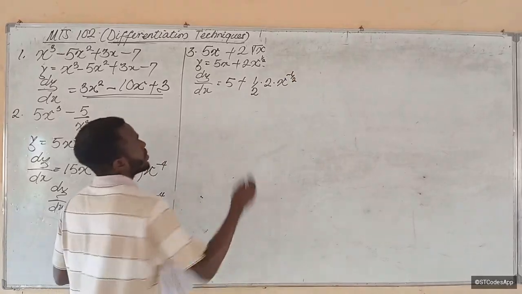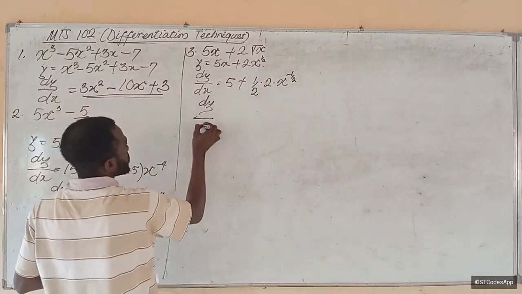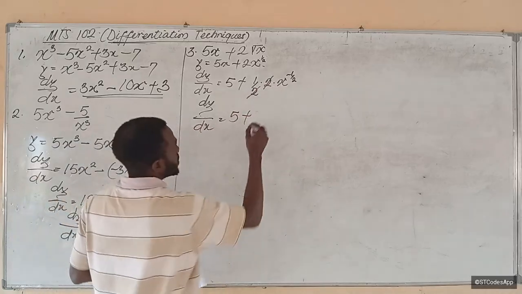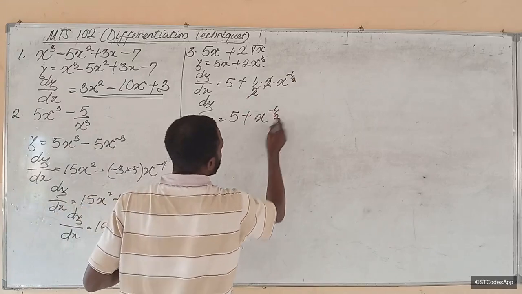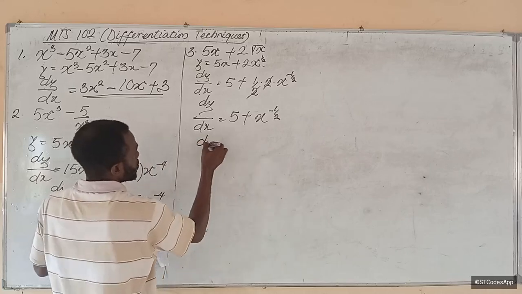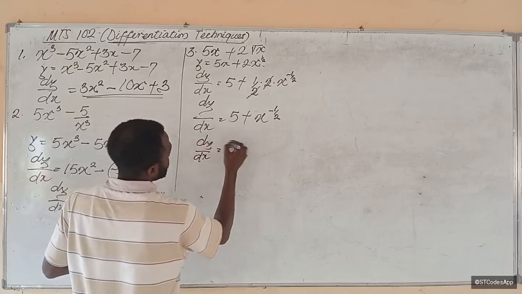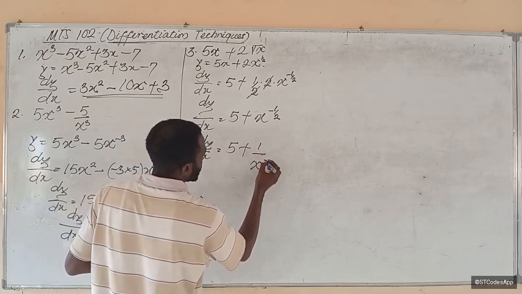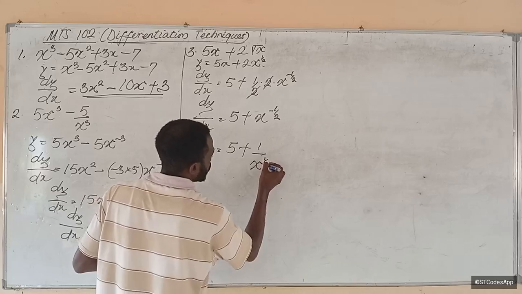Does that make sense? So I have dy dx equal to 5 plus 2 takes care of 2, and then I have x raised to the power minus 1 over 2. This minus 1 over 2 means that this one is going to go back to the denominator. So we have dy dx becomes 5 plus 1 over x, all raised to the power 1 over 2.